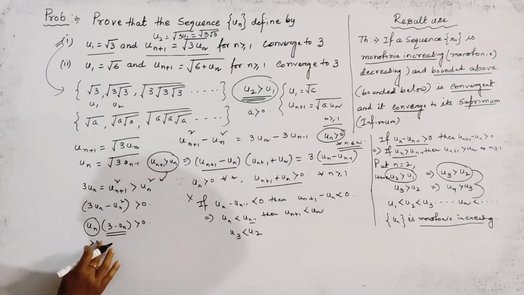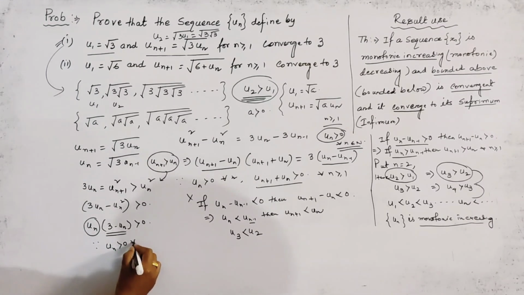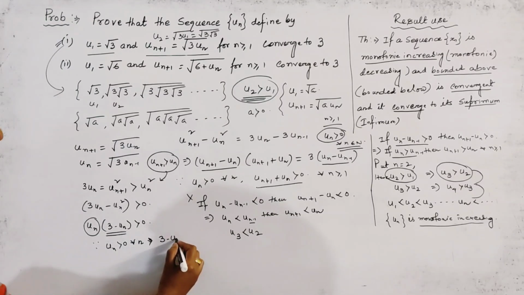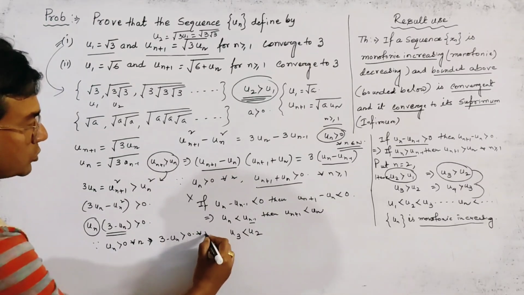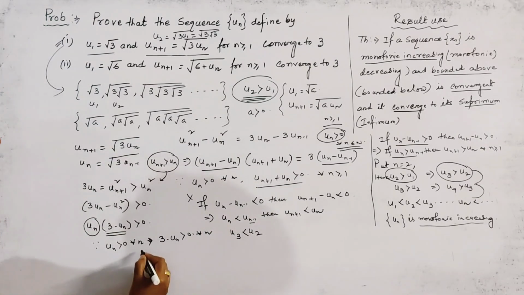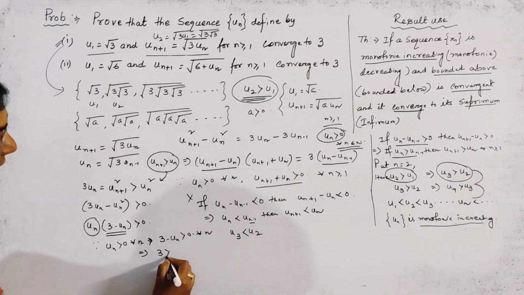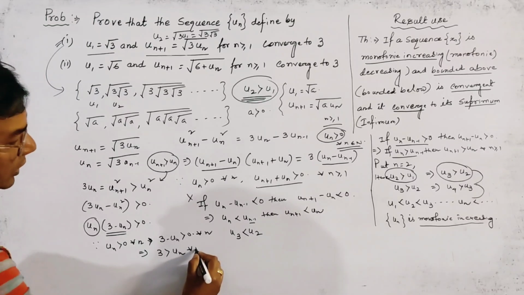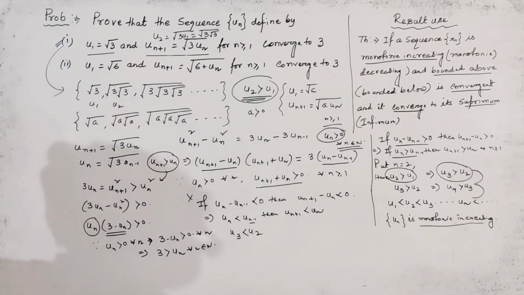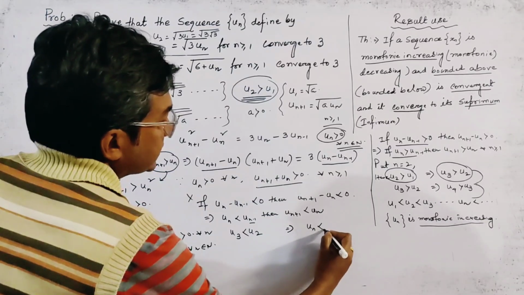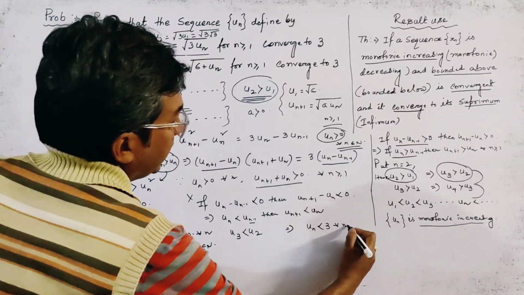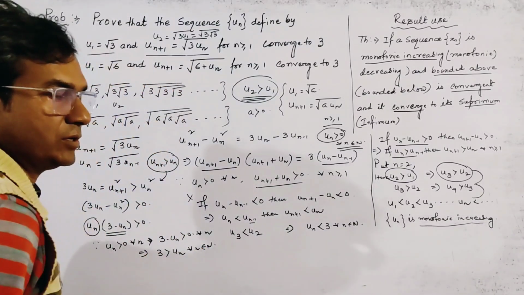So since un greater than 0 for all n, this implies that 3 minus un must be greater than 0 for all n. And we get 3 greater than un for all n belonging to capital N, so un less than 3 for all n.